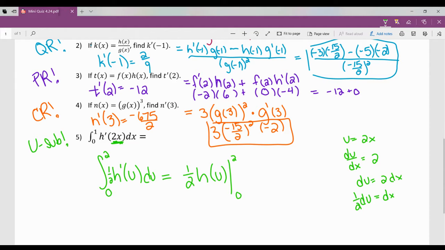So now because my bounds are u, I don't have to plug back in for the u's or anything like that. We get 1/2 h of 2 minus 1/2 h of 0.